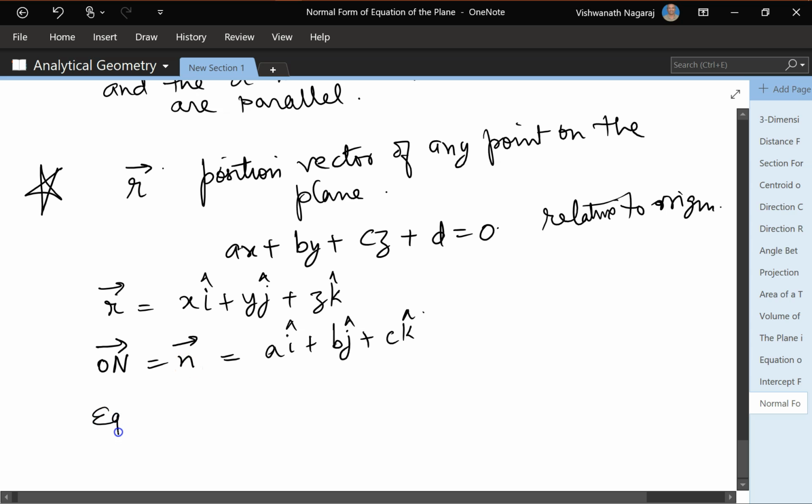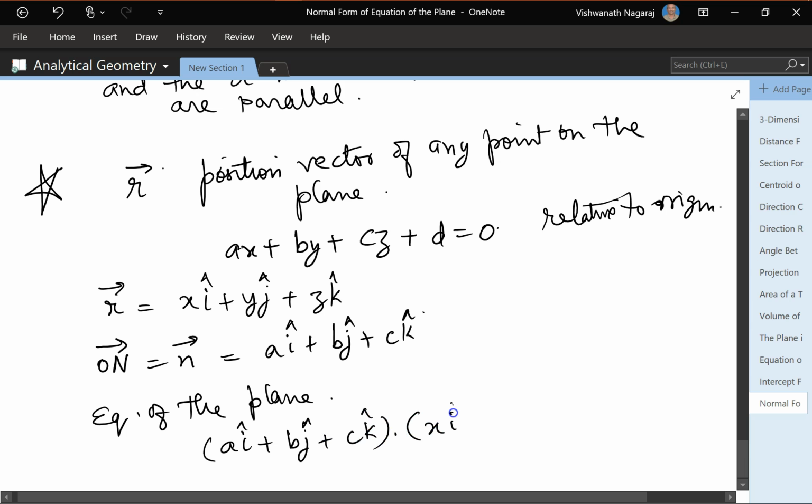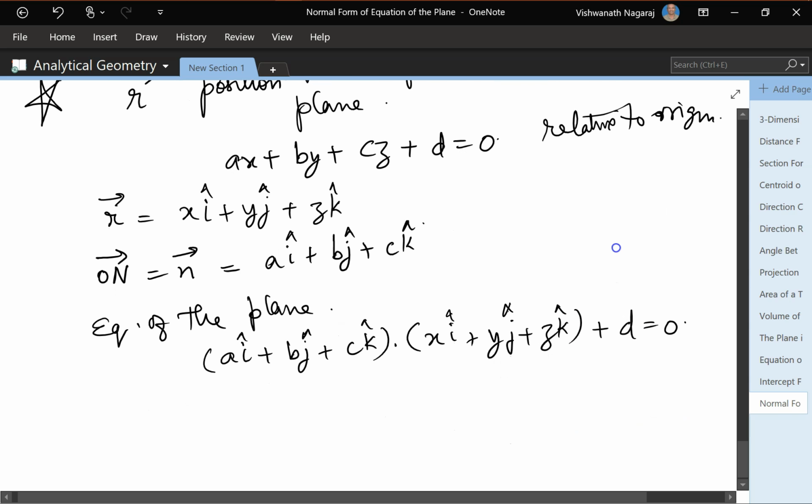So the equation of the plane can be written as (a i cap plus b j cap plus c k cap) dot (x i cap plus y j cap plus z k cap) plus d equal to 0. Now how did this come suddenly?